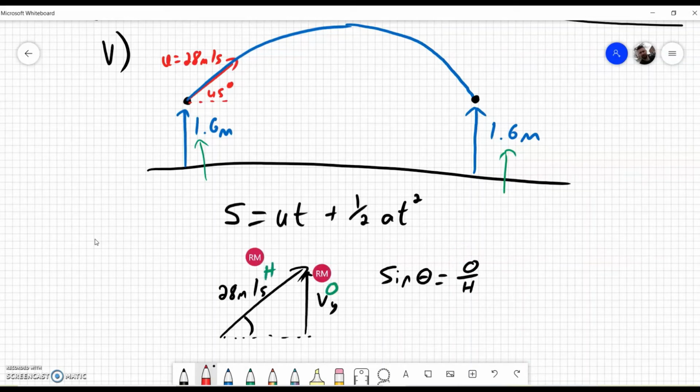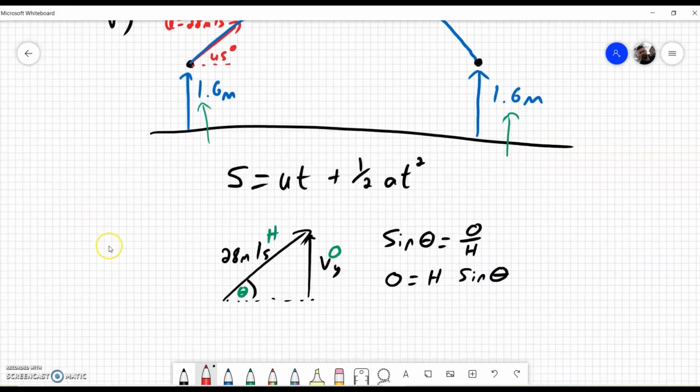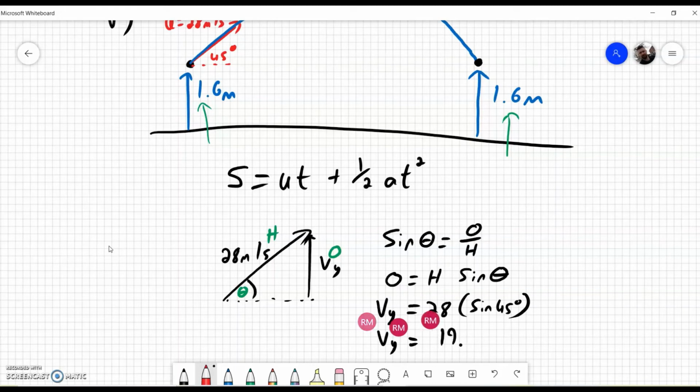If I rearrange that, my opposite is just the hypotenuse multiplied by the sine of theta. So my velocity in the vertical direction, which I'm labeling Vy for the y-axis, is equal to 28 multiplied by the sine of 45 degrees. When I type that into my calculator, my vertical velocity is 19.8 meters per second.